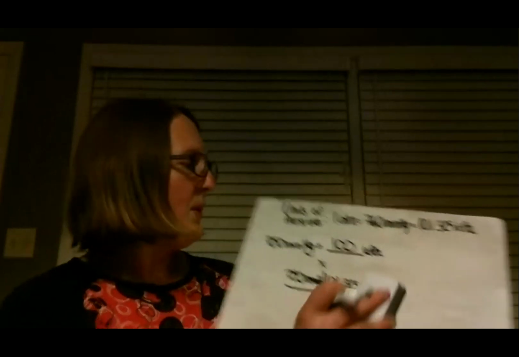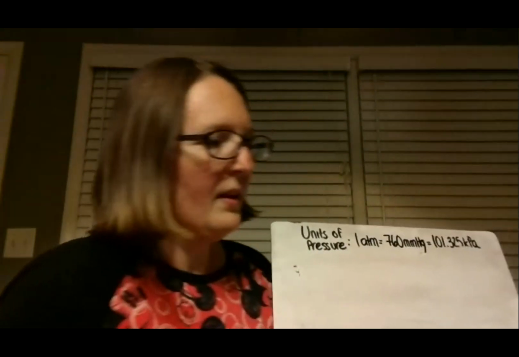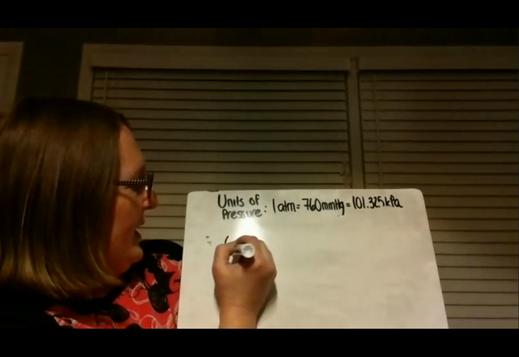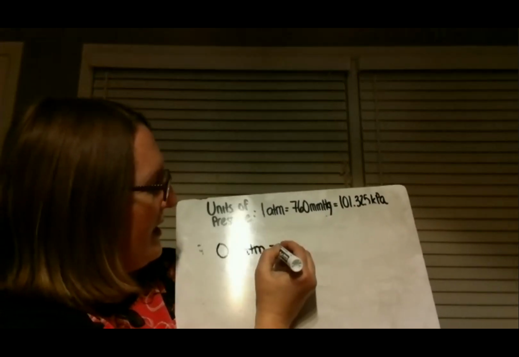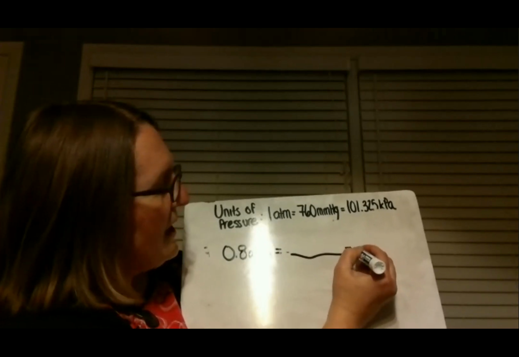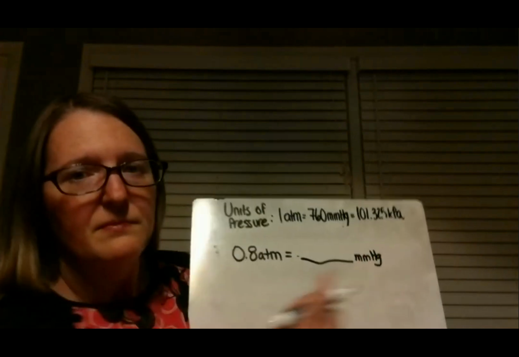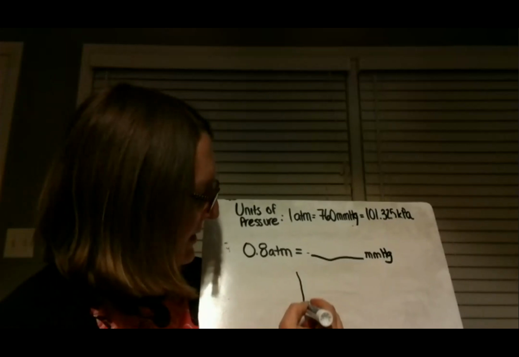All right, let's do one more. So I have 0.8 atmospheres, and I want to get that into mmHg. All right, so what I'm going to do is set up my factor label.